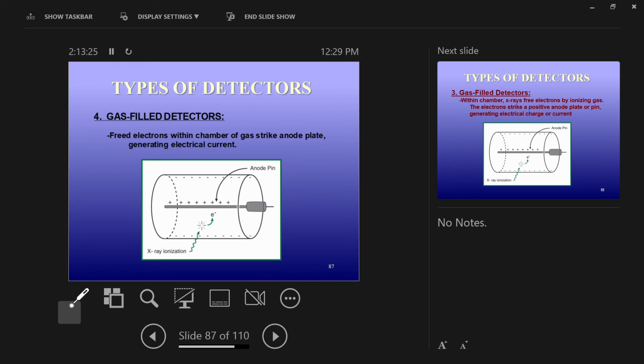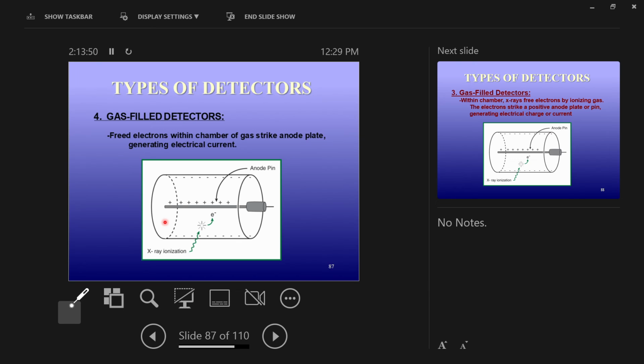Okay. All right, so gas-filled detectors. Remember, X-rays and particulate radiation can ionize matter, right? So that means the air in the room, or a gas inside of a chamber, can be ionized. And when matter is ionized, as you learned, electrons are liberated from the atoms that they were connected to.